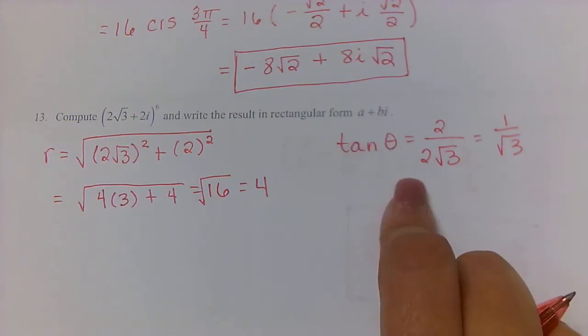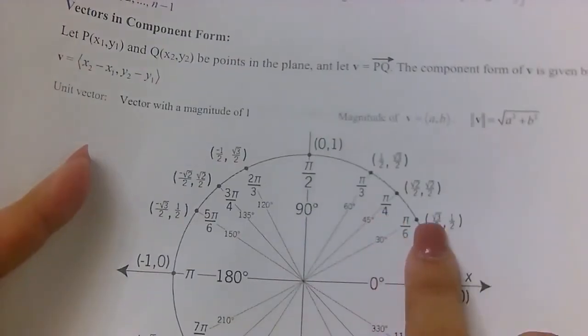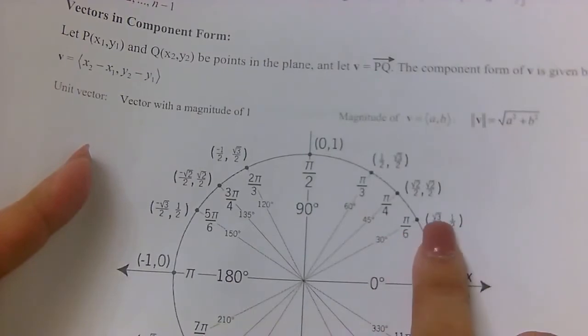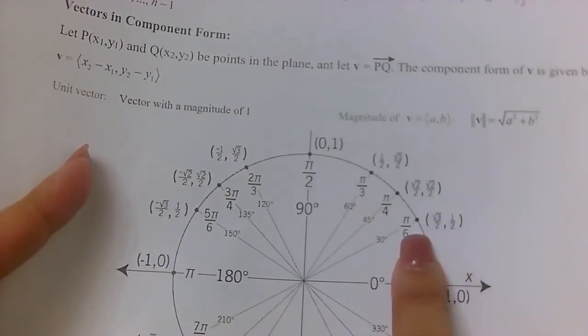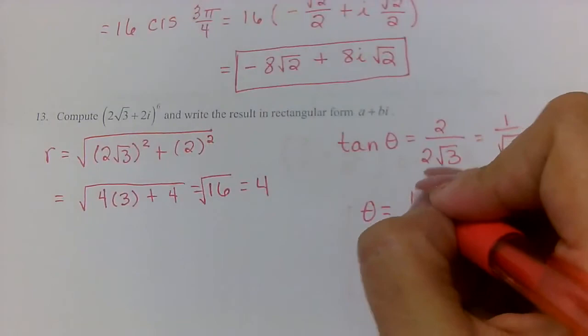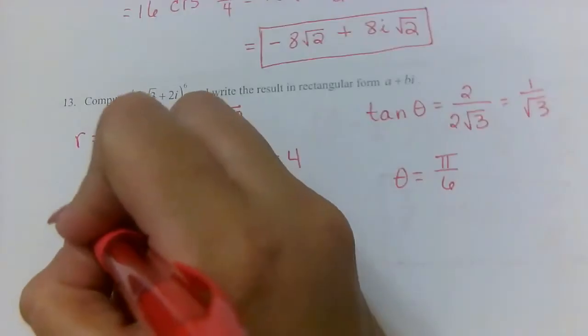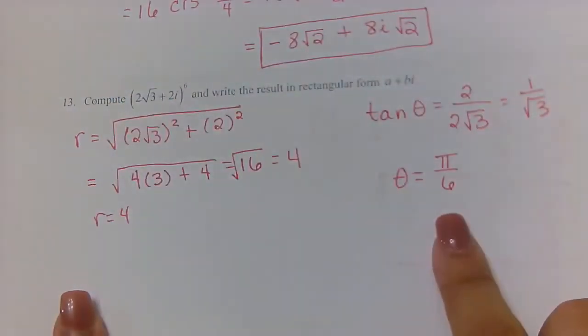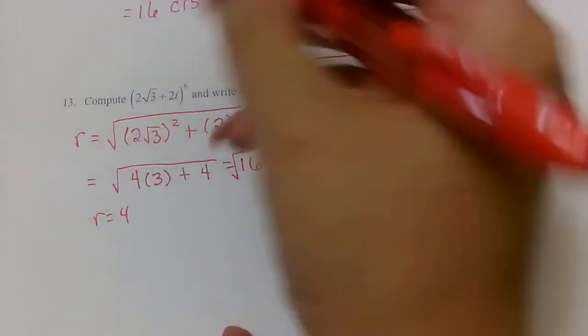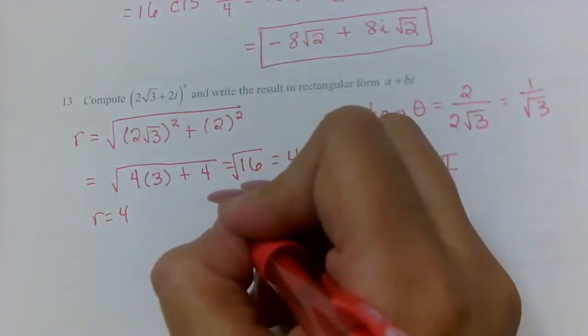It doesn't say degrees or radians, so let's go ahead and find it in radians. So theta will be equal to 1 over the square root of 3 occurs at pi over 6. So theta will be equal to pi over 6. r is equal to 4. Theta is that, and my n will be equal to 6. So n is equal to 6.